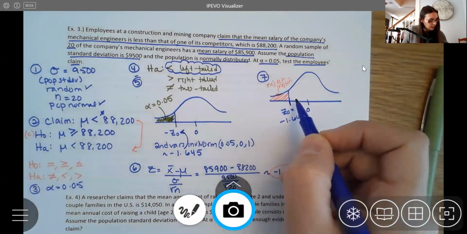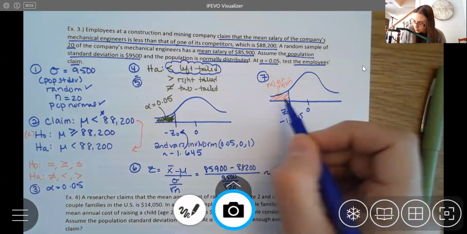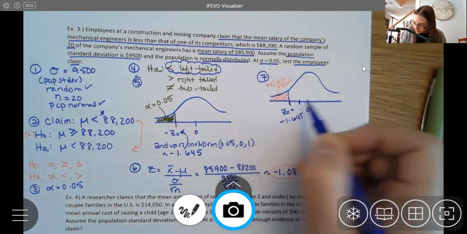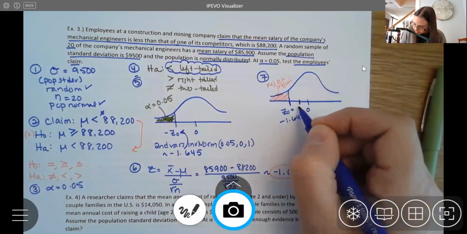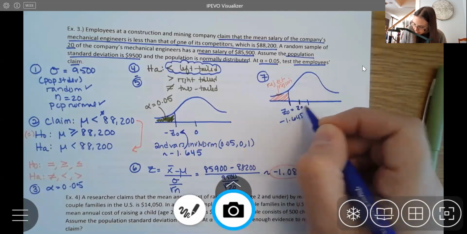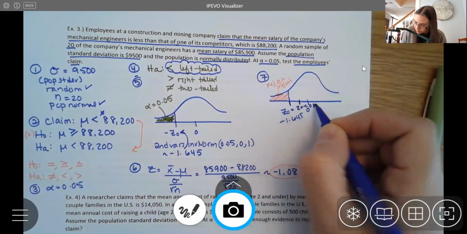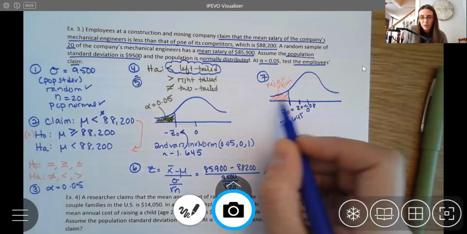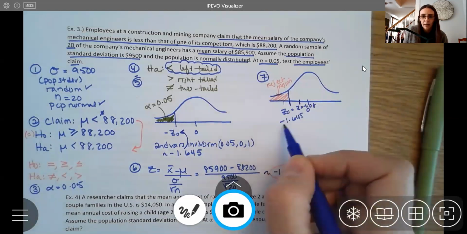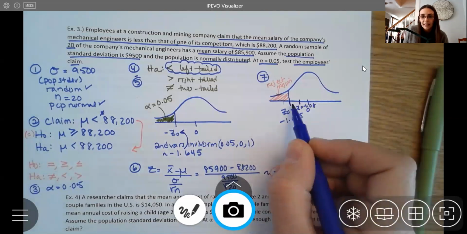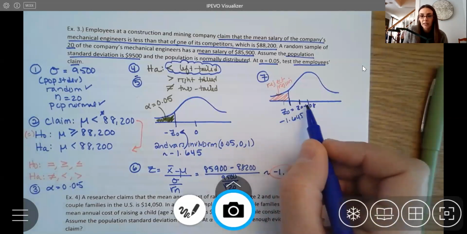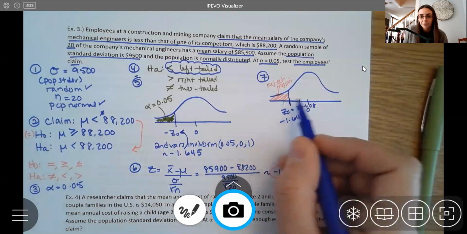So in this case, our value falls more like right here, right? This is where z equals negative 1.08 would fall. It's not in the rejection region because it would have to be smaller than negative 1.645. It's about negative 1, so it's closer to 0. So it's in between.